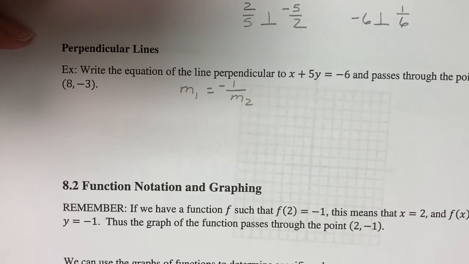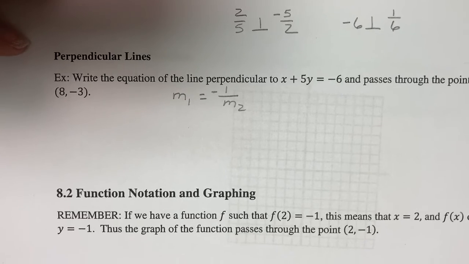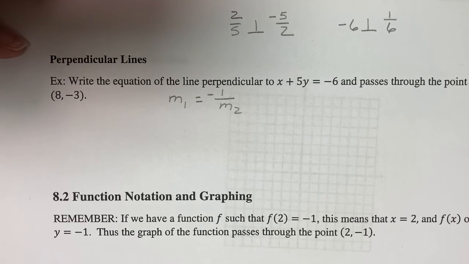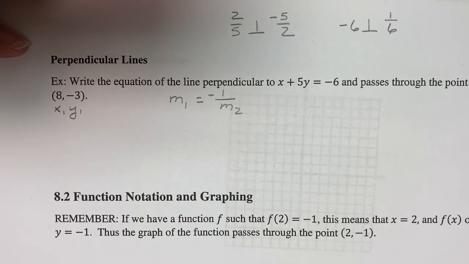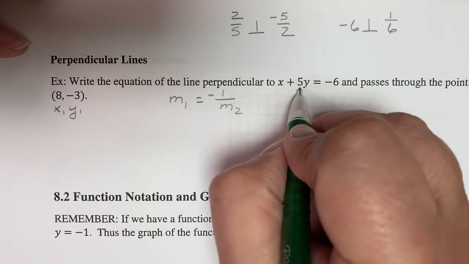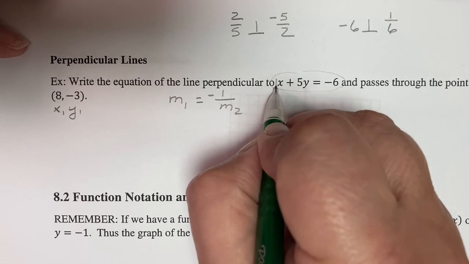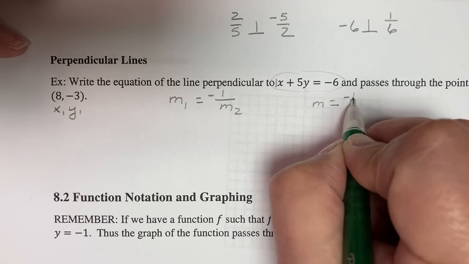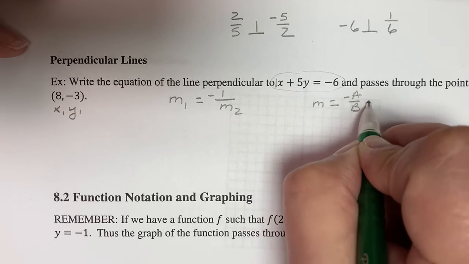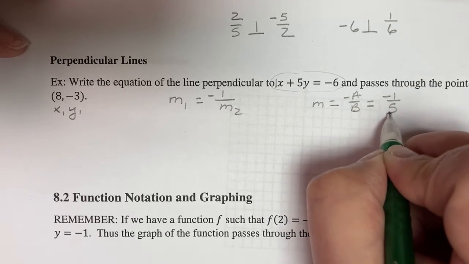So here we go again. Our process is going to be very similar to what we just did, except for what we do with the slopes. So we have our point. That's my x1, y1. Let's find the slope of this line. Well, notice it's in standard form where my a is 1. So remember, the easiest way to find the slope is to do negative a over b, which in this case is negative 1 over 5.